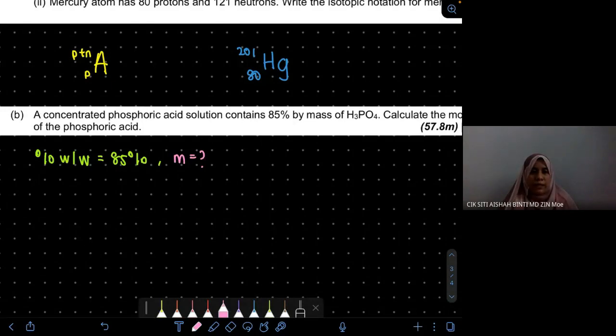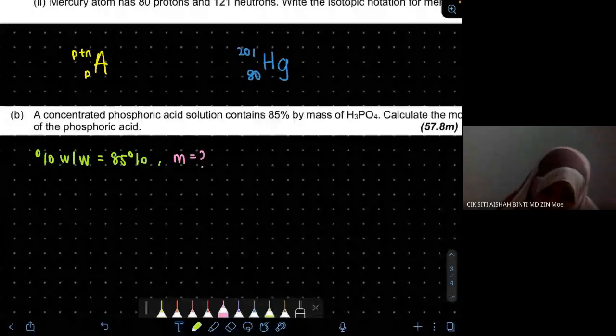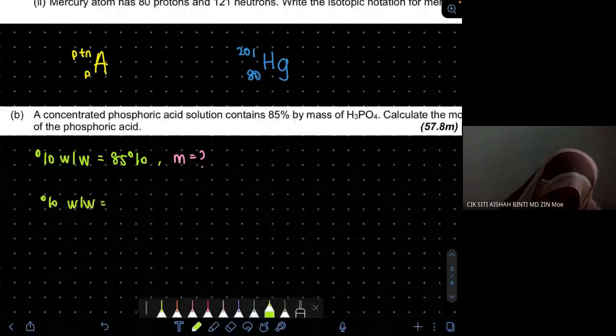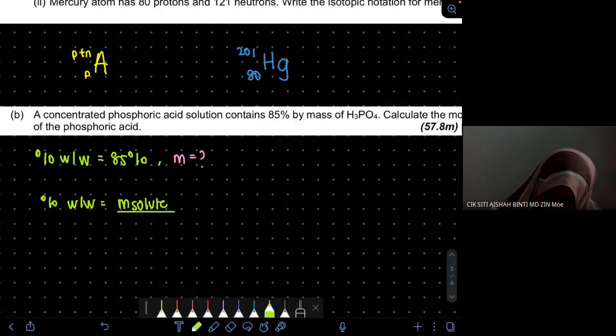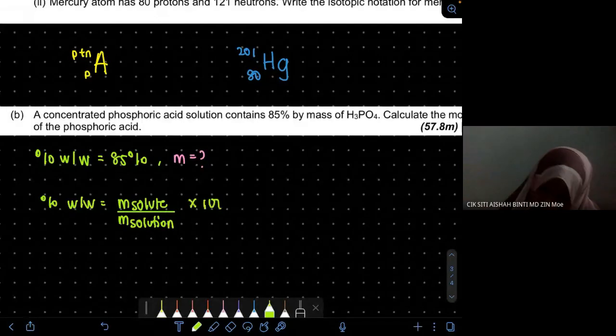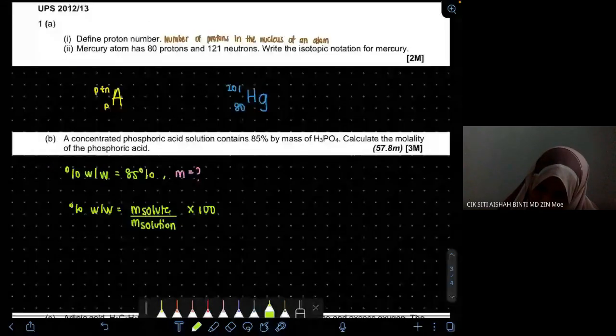The second step is to write out the formula based on the information given. So percentage by mass equals mass of solute divided by mass of solution, times 100.